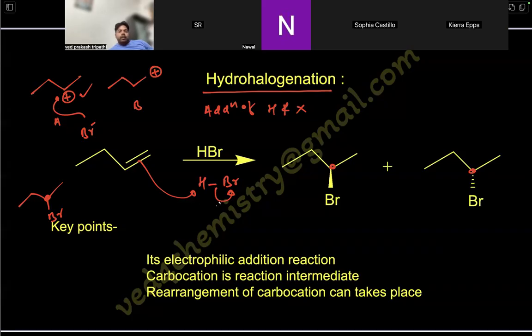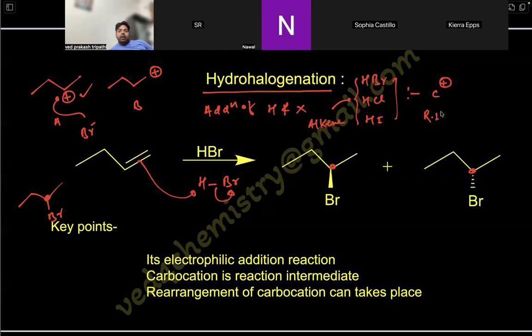So whenever you have a hydrohalogenation reaction, it means addition of HBr, addition of HCl, or addition of HI. These three are the most common ones. And in this case, the reactant would always be an alkene. So the alkene is going to react with HBr, HCl, or HI. So the carbocation is my intermediate.